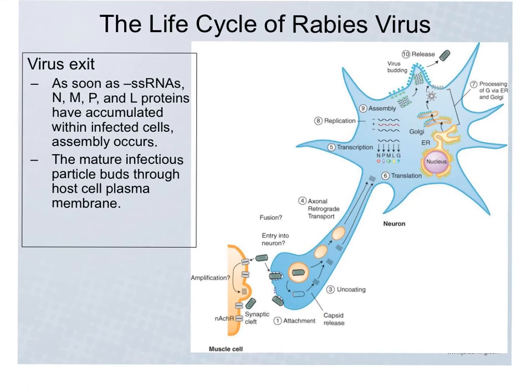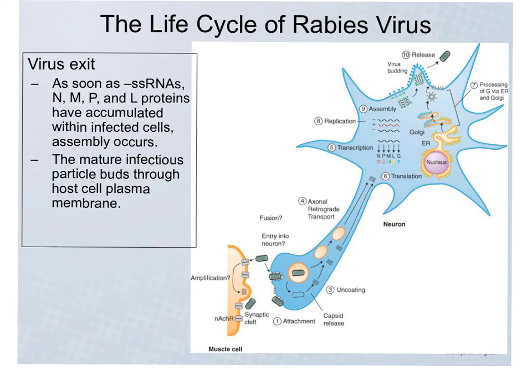Okay, we're back here at our diagram of the life cycle. We've processed the G proteins and they're in the plasma membrane waiting for the nucleocapsid. We've undergone transcription and translation of the additional proteins, and now we have replicated the genome. All we have to do is build up enough of these components.